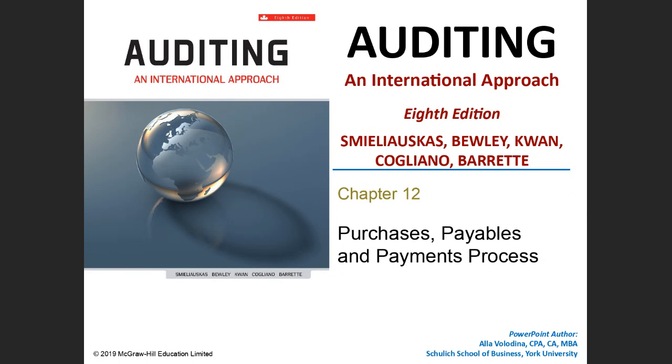Well, we may purchase services: accounting services, legal services, insurance services, all different types of services. And of course, we may purchase product. So we may purchase raw material for input into our manufacturing process. In addition to purchases of inventory-related items, we may also purchase capital assets.